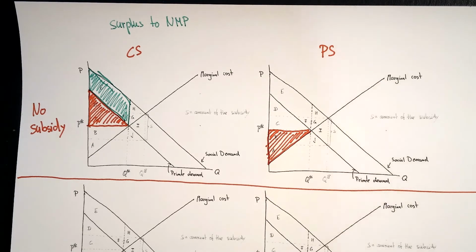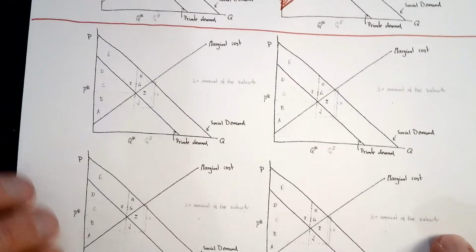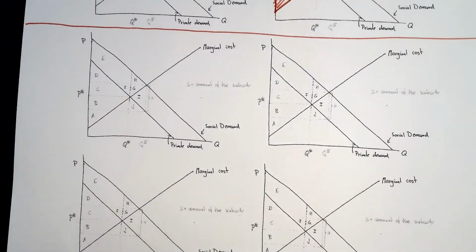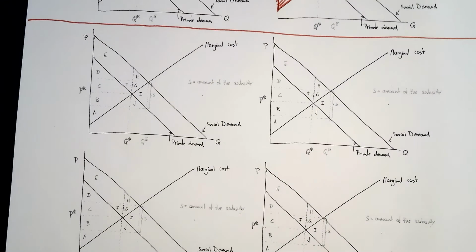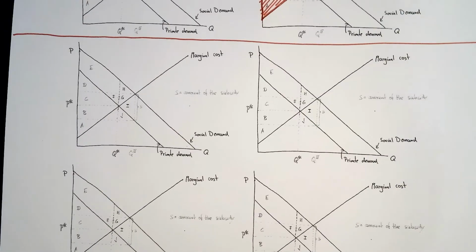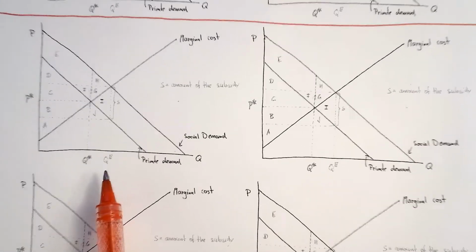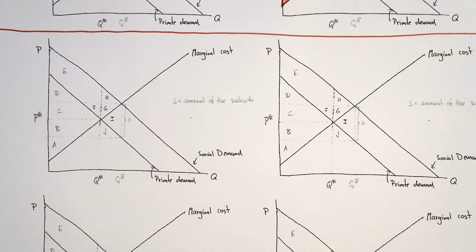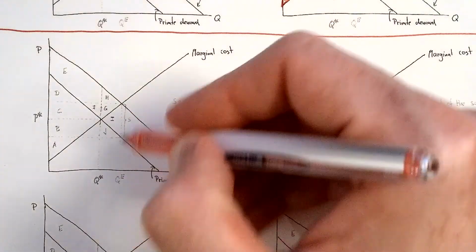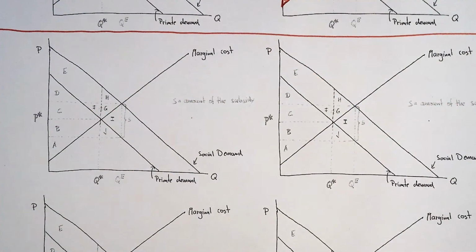Now let us have a look at the case where we have a subsidy. This entire bottom is the case with the subsidy. When we have the subsidy, the market equilibrium is actually at QE. So this is where the market is occurring.